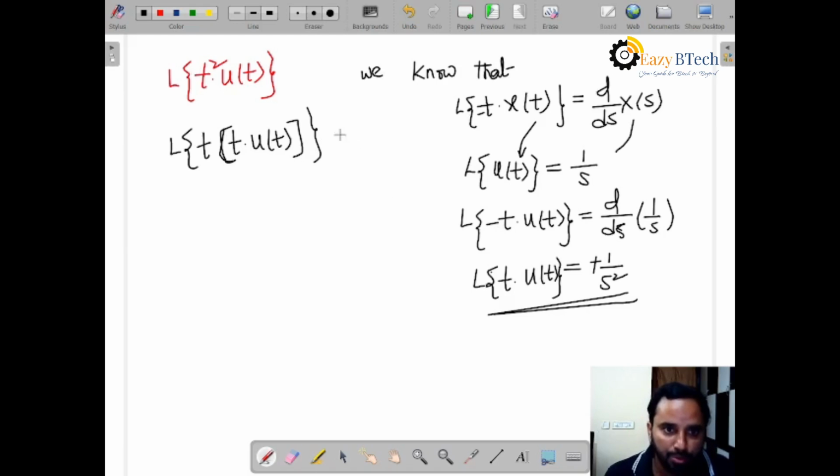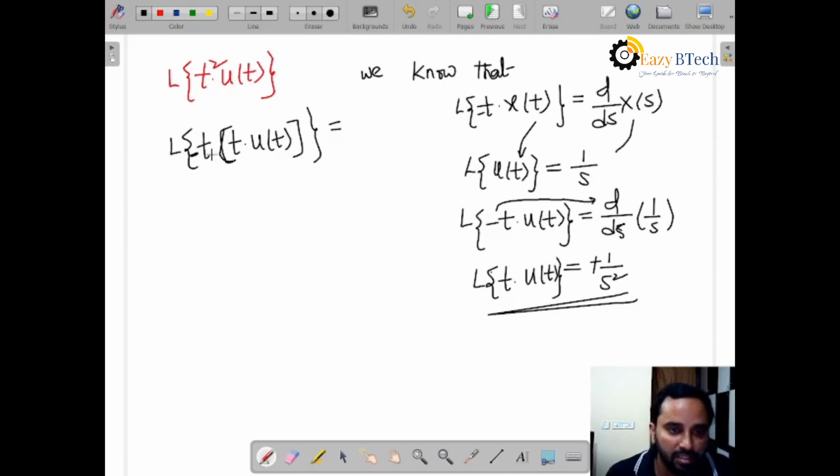So how to do this now? So very simple. Again we need to do differentiation of this 1 by s square one time. So I am taking here minus t. With minus only we need to do differentiation, then d by ds is right side.